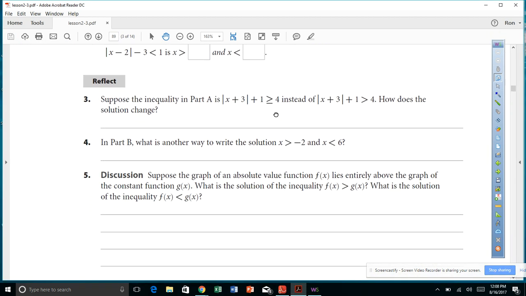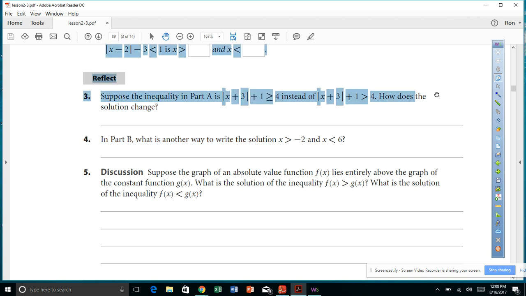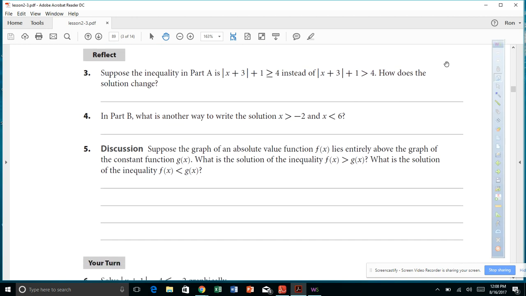Suppose the inequality in the graph in part A is the absolute value of x plus 3 plus 1 is greater than or equal to 4, instead of the absolute value of x plus 3 plus 1 is greater than 4. How does the solution change?